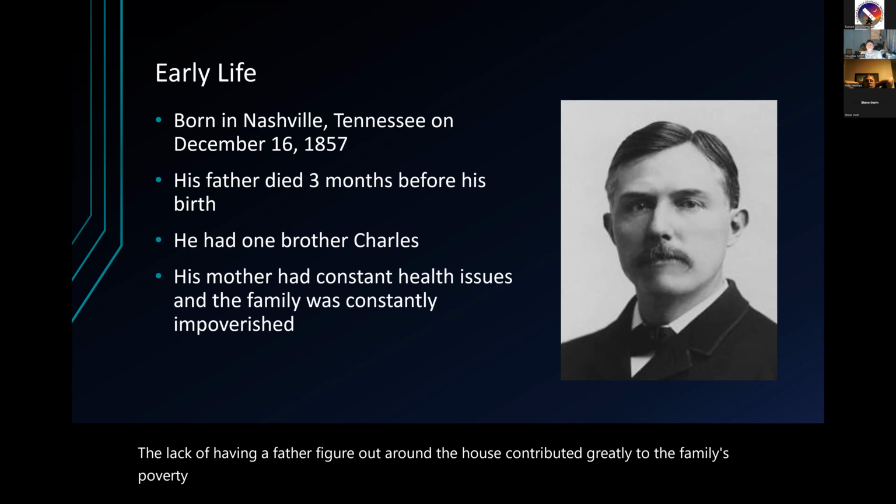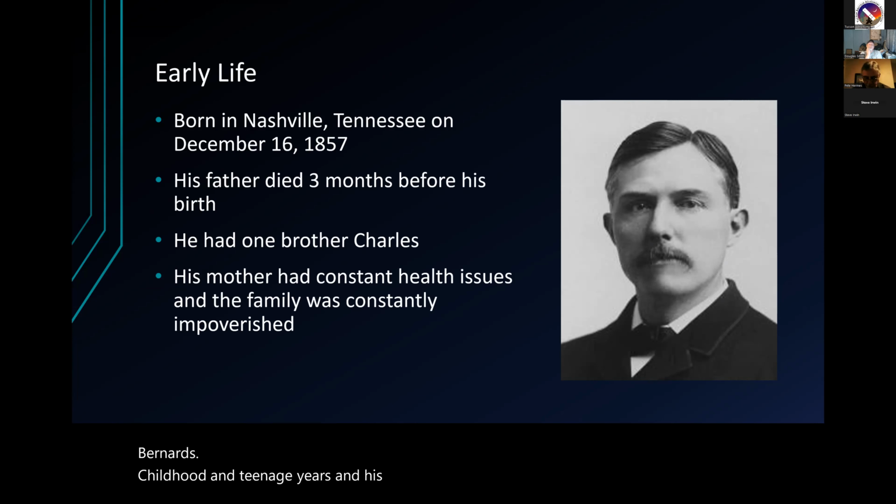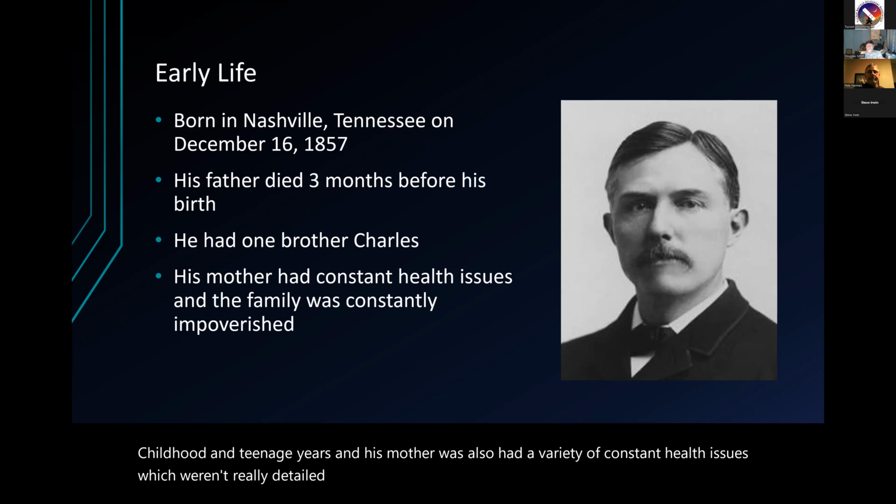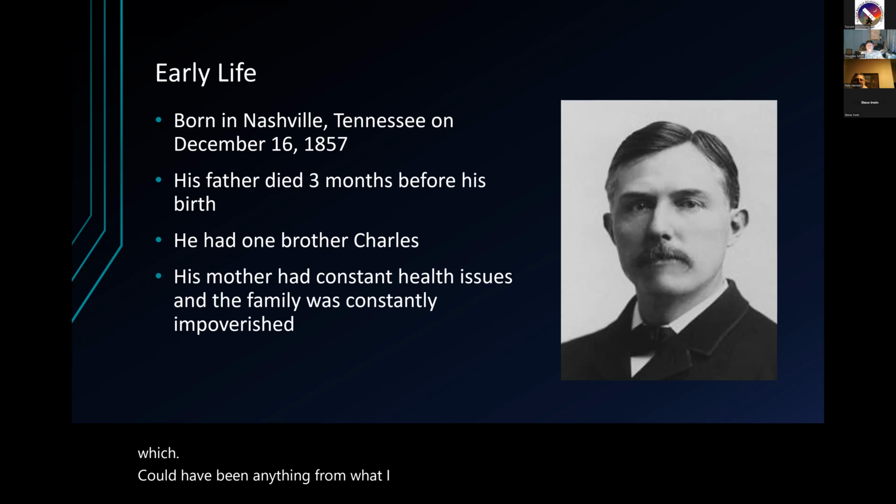They were constantly impoverished for most of Barnard's childhood and teenage years. And his mother also had a variety of constant health issues, which weren't really detailed. They were just summarized as quote unquote health issues, which could have been anything. So this constantly put them in a really tight spot.